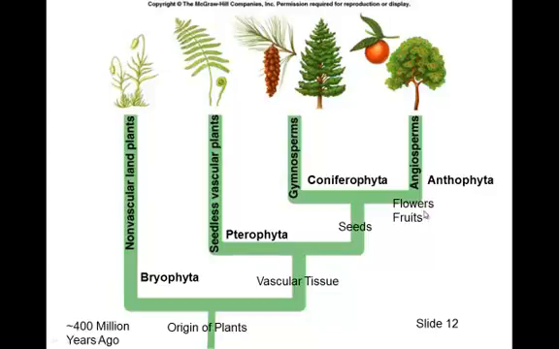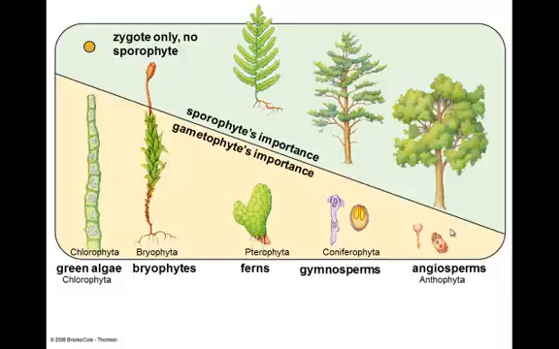And then we had the evolution of flowers and fruits. These are only found in one phylum, the Anthophyta. And so that kind of gives you an overview of plant evolution. You will recall that we did learn about alternation of generations, and I want to tell you with this slide how the stages of alternation of generations, its stages in plant life cycle, vary with the different groups of plants.